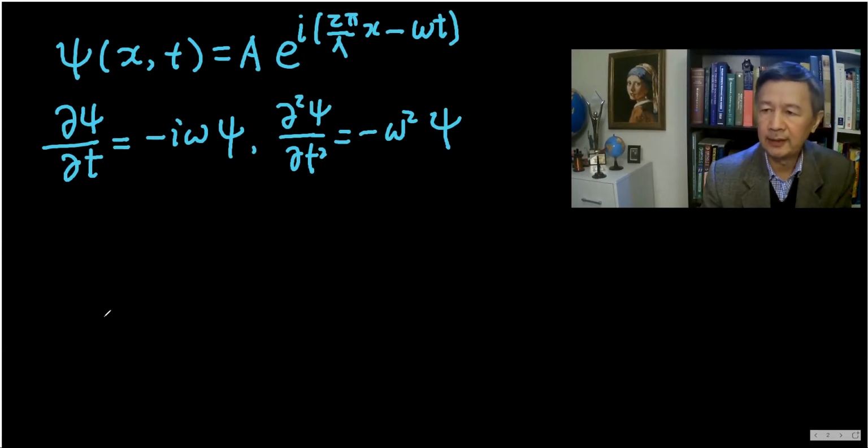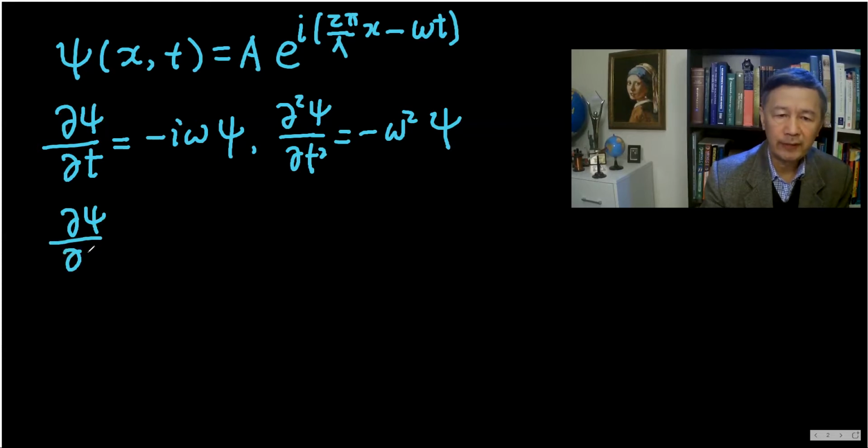On the other hand, we can also take the partial derivative with respect to the space variable, in this case x. First we get the first derivative, and this time we get a positive i times 2 pi over lambda, multiplied by phi.